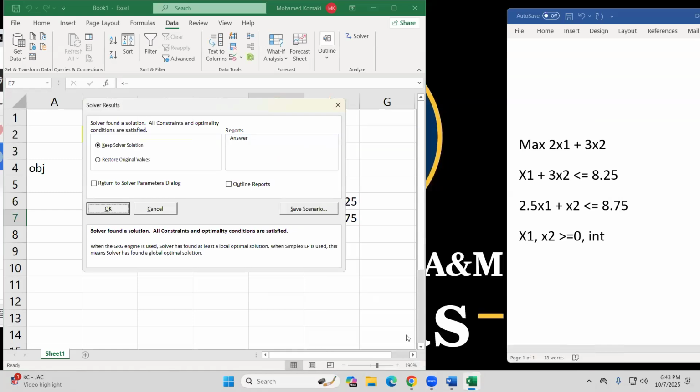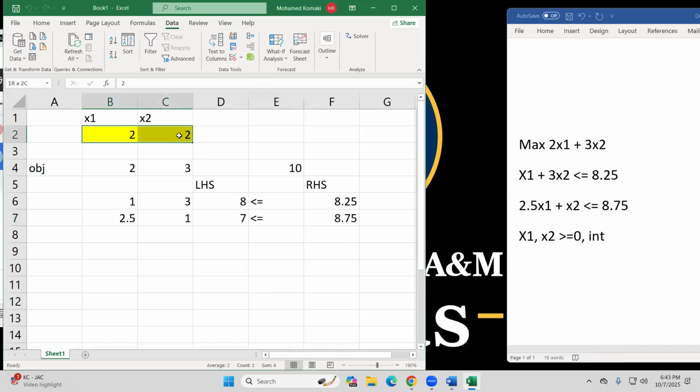So when we solve this, you can see the solution is exactly the same as the one that we got. Okay, makes sense, everyone? So everything is pretty much the same as linear programming in terms of implementing this in Excel. You just need to define which variables are integer, right? So that's the only thing.